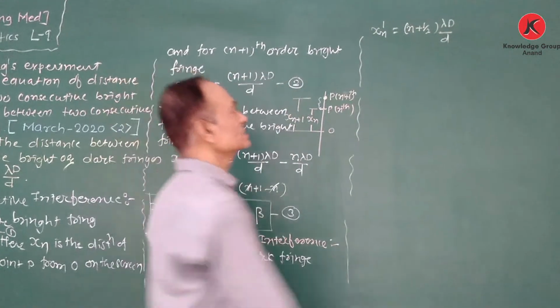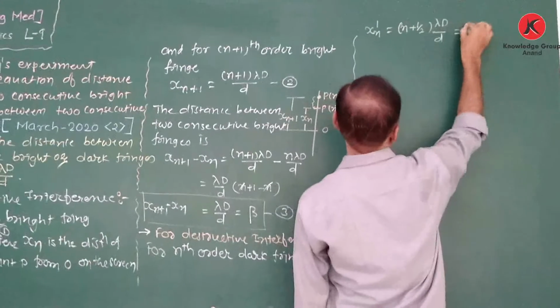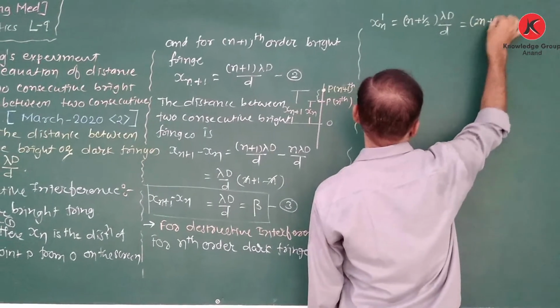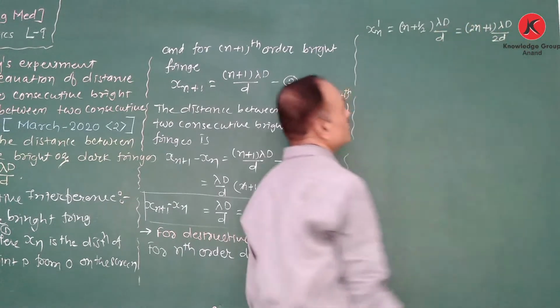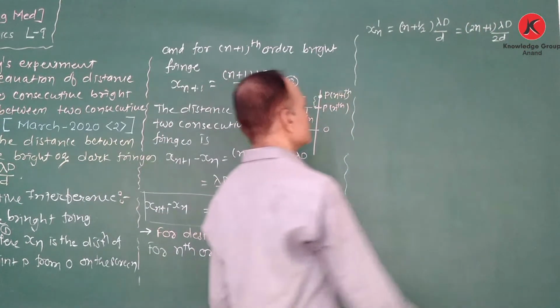Or in other words, this equation can be written as 2n plus 1 into lambda D upon 2d. That is equation number 4.